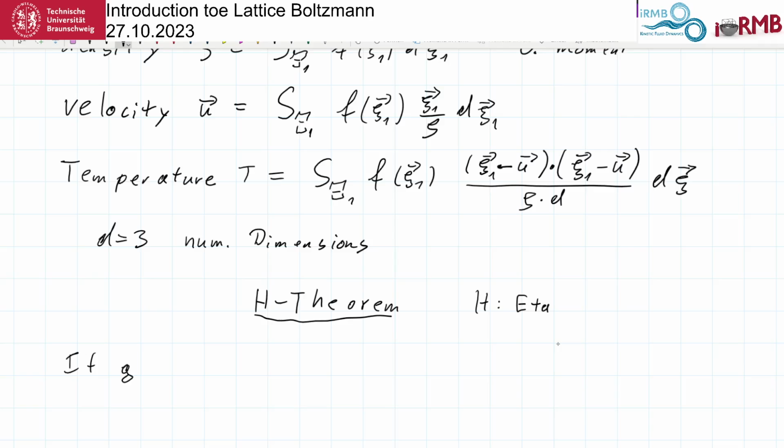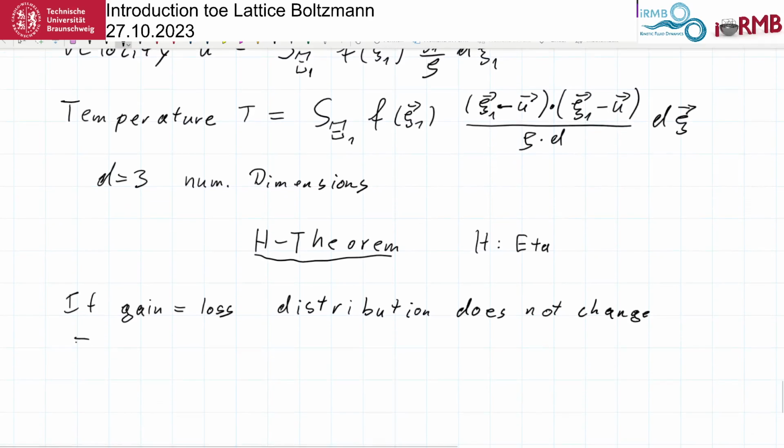What it actually means is that gain and loss are the same. So this is the place where nothing else happens. Then the distribution obviously does not change anymore. This is what we call the system being in equilibrium, because it does not change unless we put external energy into it.